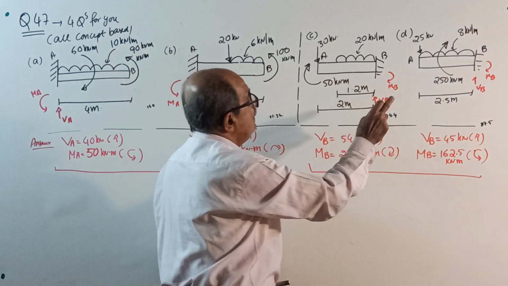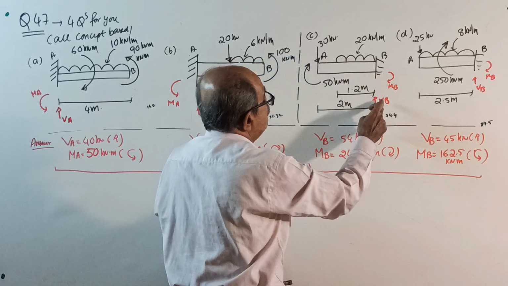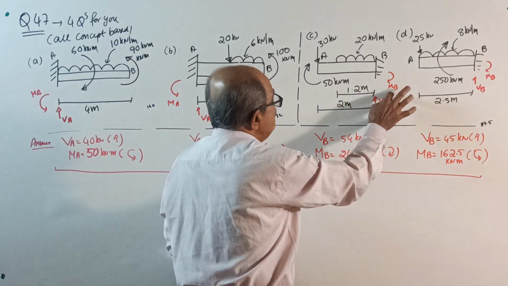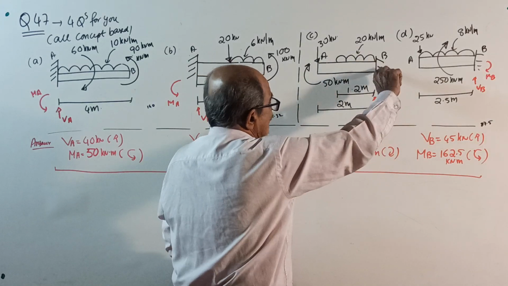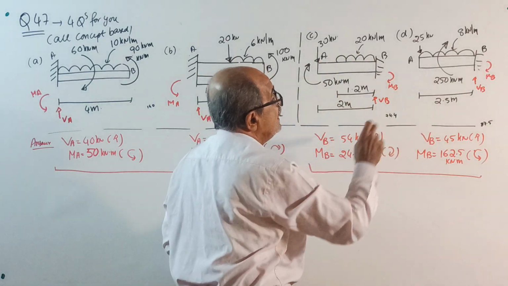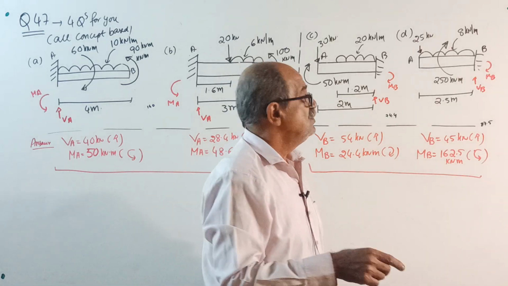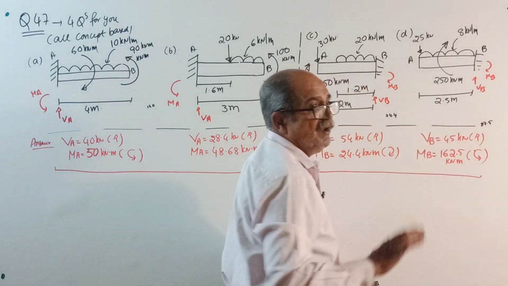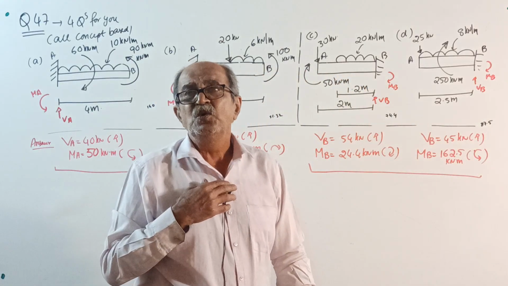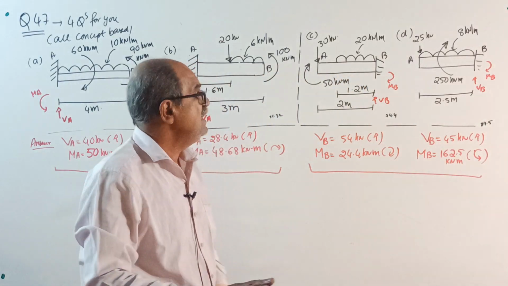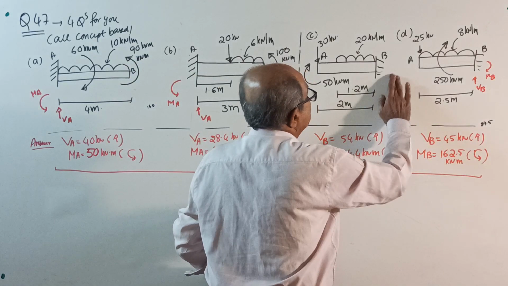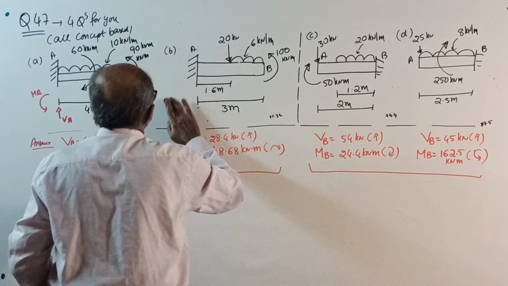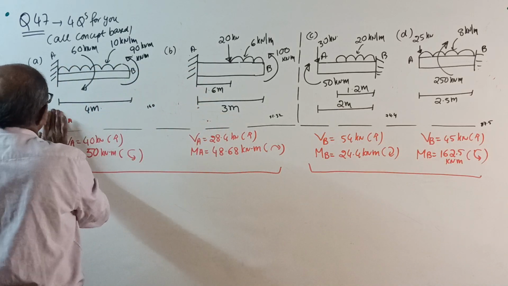In this question, both VB and MB will come positive, so VB upward, MB clockwise is correct. But in this question, MB will come negative, so we assumed clockwise, negative, therefore anti-clockwise. That is for those who are not worried too much about the principles. Make a note. But now, those who want to correctly understand, see what to do.